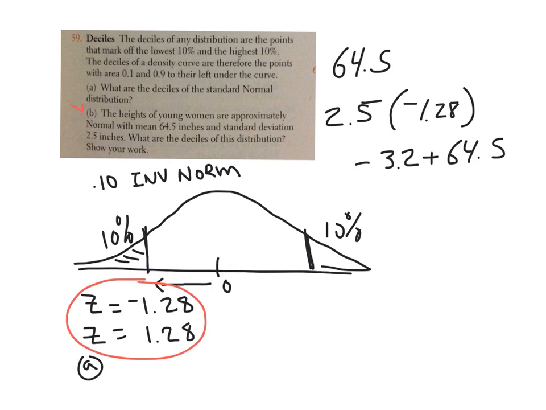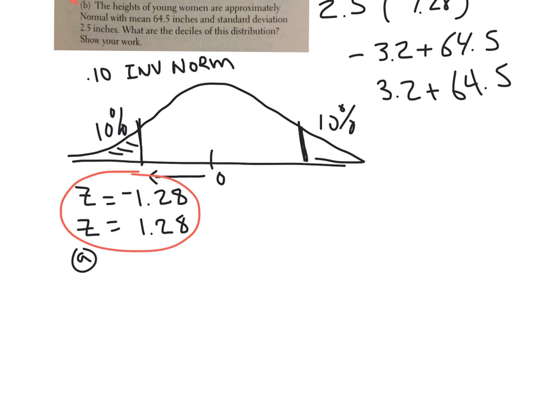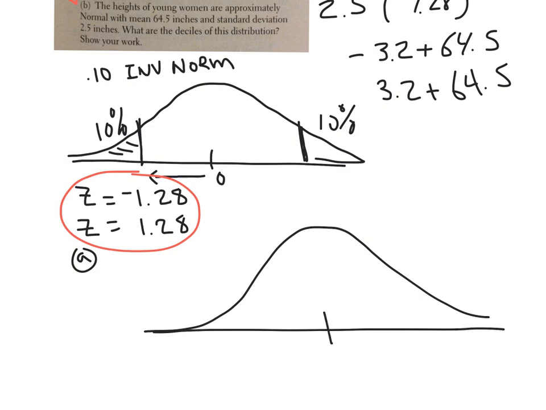And then, of course, what would we do? We would take the same number and add it: 3.2 plus 64.5. Let's see what that looks like. Another way to look at this is to draw another graph. We've got this graph, right in the middle, zero standard deviation is 64.5.